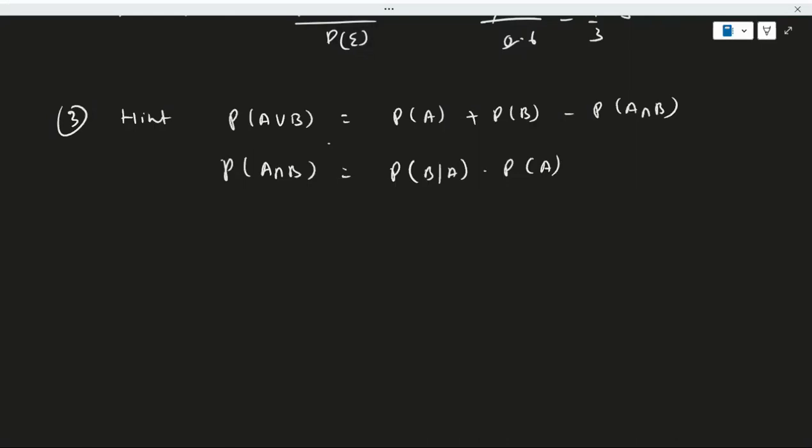Okay. Question number 6 to 9, we have P(E over F). We need to find P(E over F). So doing question number 7 and then 9. Coin toss.